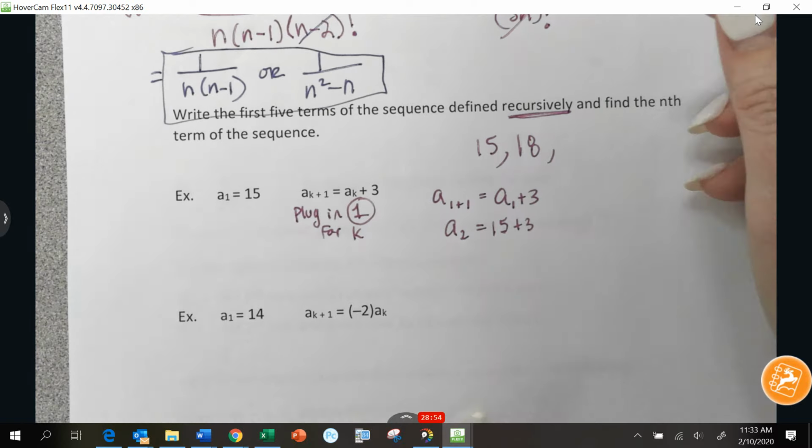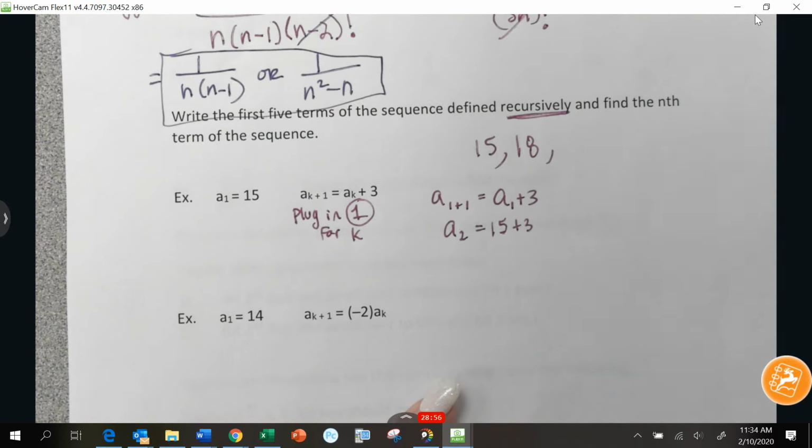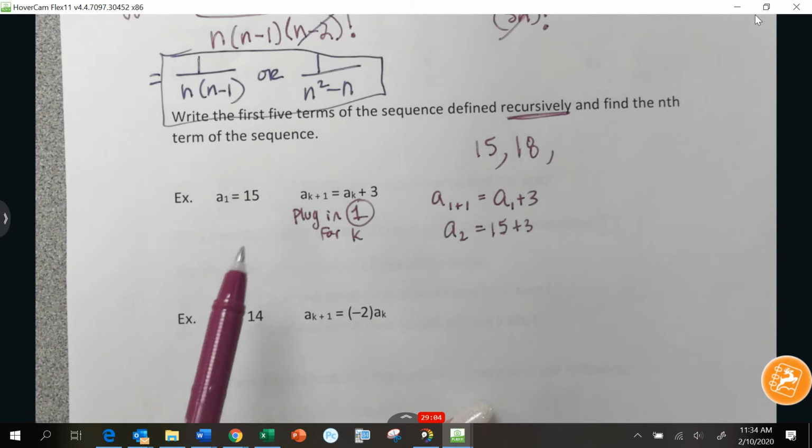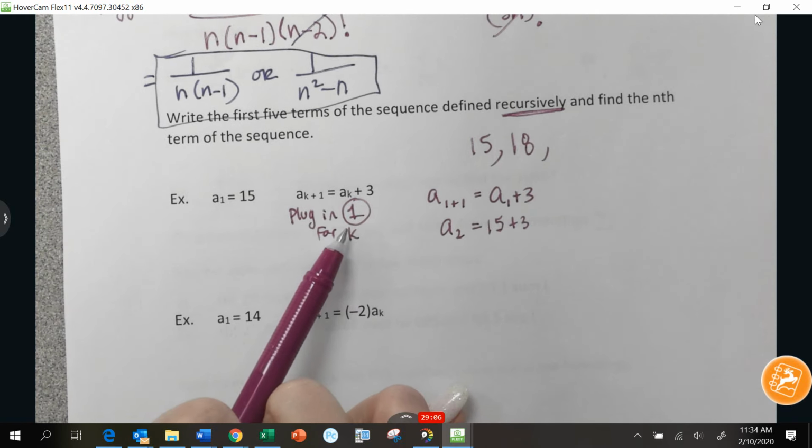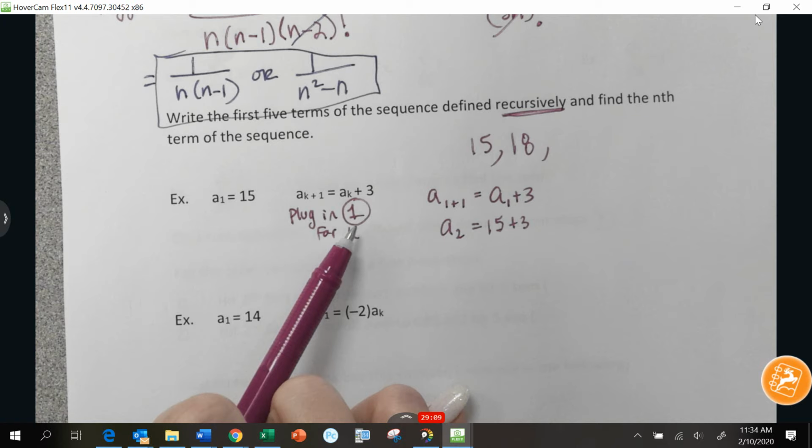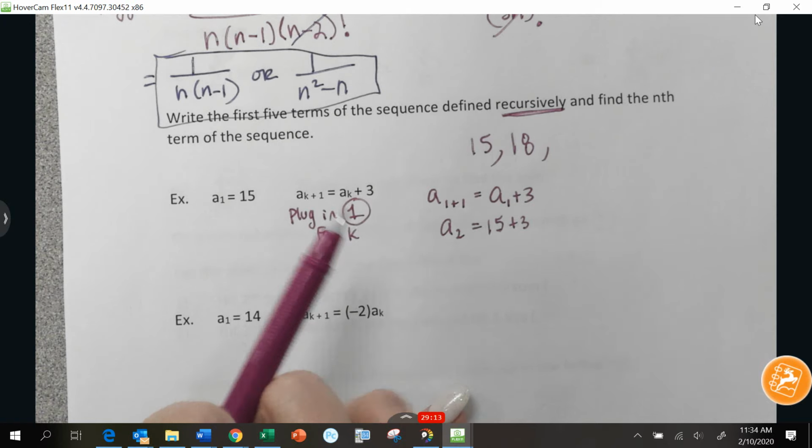So what could we do to find the third term? Isaac, what can we do to find the third term? What did I just plug in to find the second term? I plugged in 1. So to find the third term, I can plug in 3.